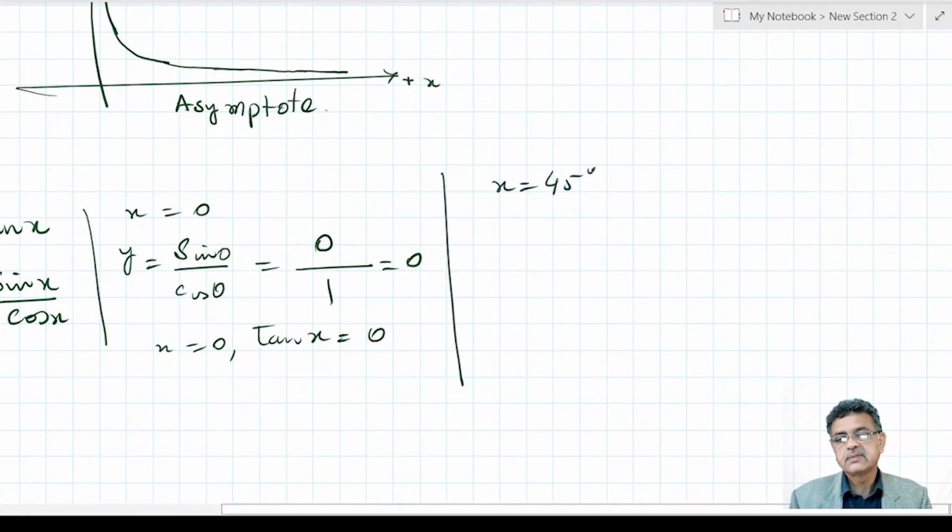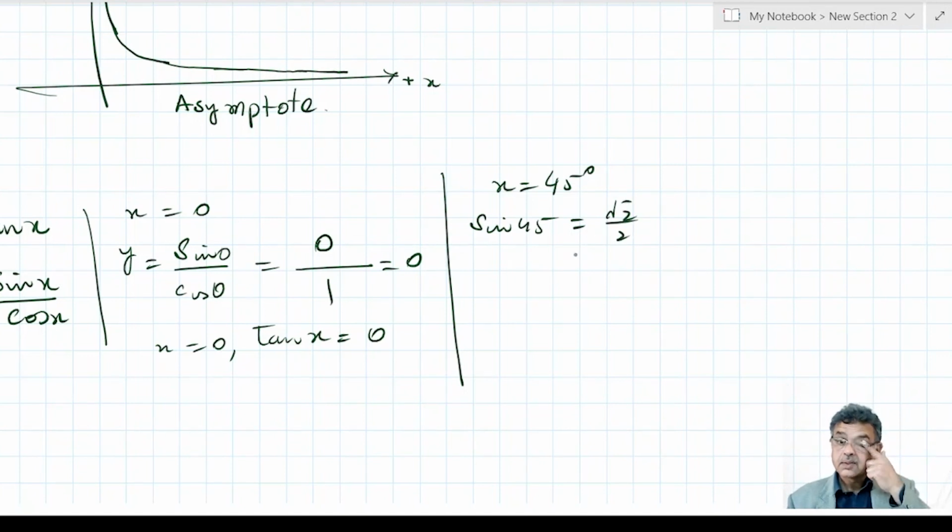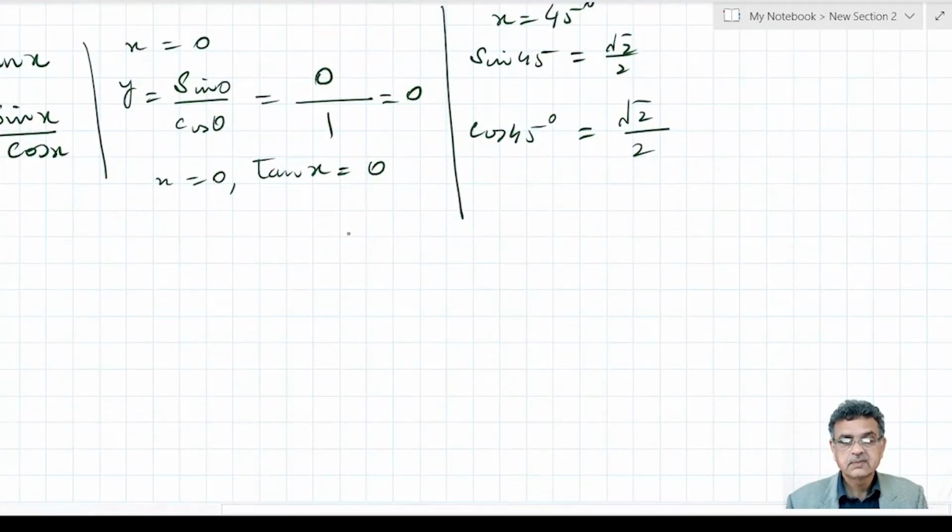Now, another important point which we have to consider is 45 degrees. Sine 45 is under root 2 over 2, and cos 45 is again under root 2 over 2. Then tangent 45 means sine 45 over cos 45.